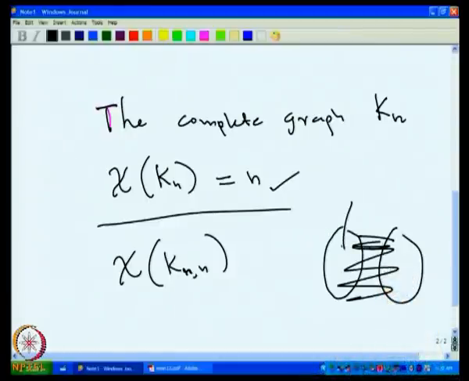So this side can be given white color, and this side can be given black color. So two colors are enough for the complete bipartite graph.